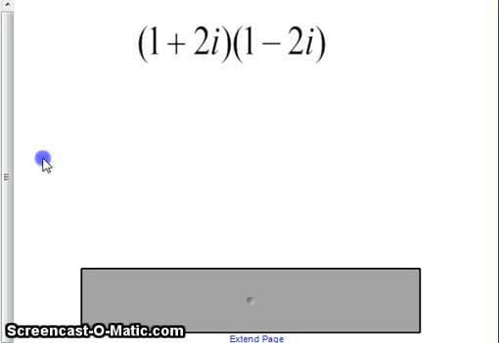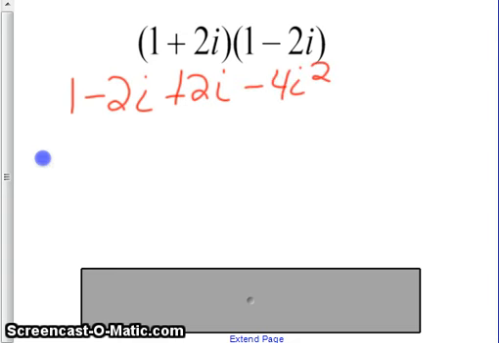Alright, first times first. 1 times 1 is 1. Outer times outer, negative 2i. Inner times inner, positive 2i. Last times last, negative 4. Oh, yeah. That's step 1.